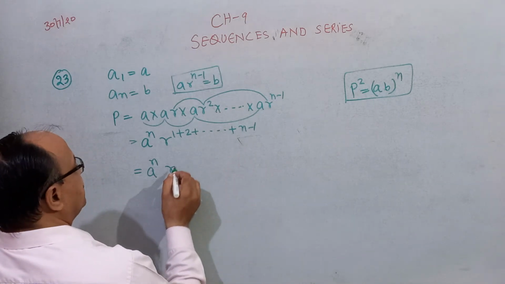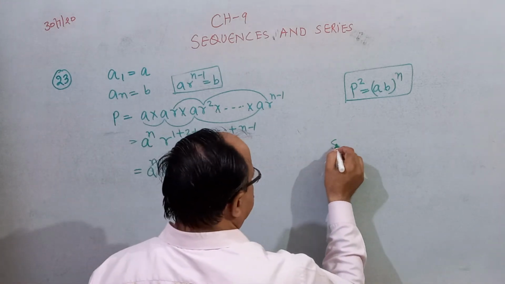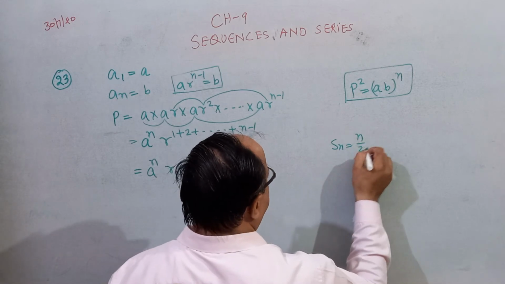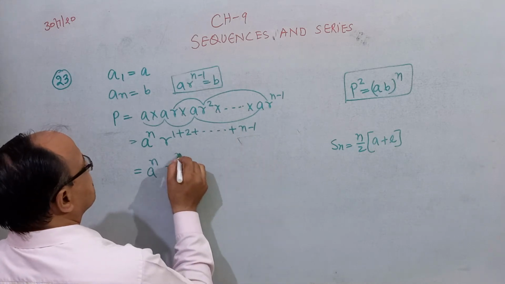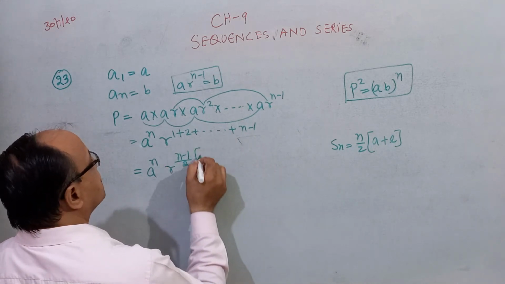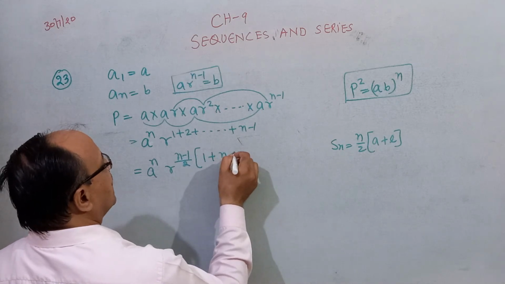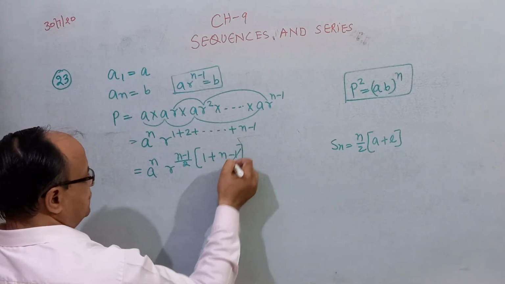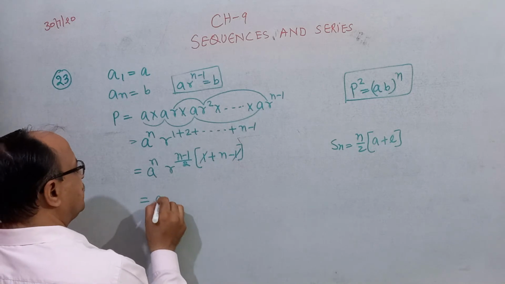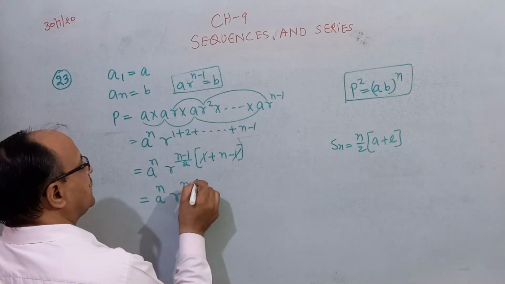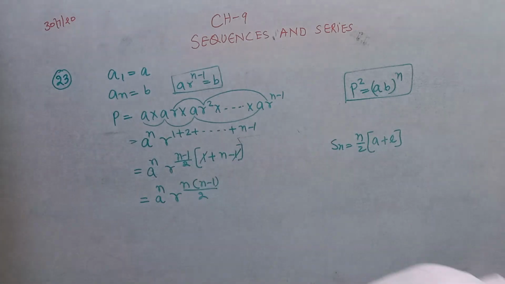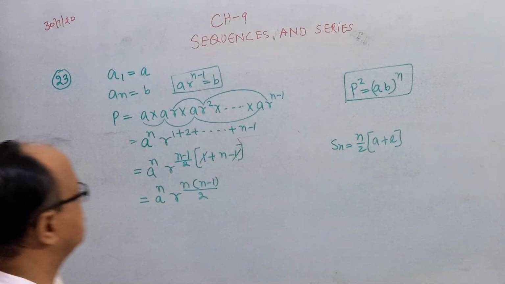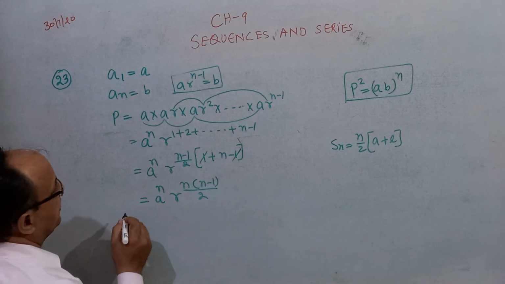This is an AP. Apply the AP formula, Sn equals n by 2 times (A plus L). Here the number of terms is n minus 1, so n minus 1 by 2, the first term is 1 and the last term is n minus 1. The 1 and 1 cancel. Therefore P is A to the power n, R to the power n into (n minus 1) by 2. Correct? This is the value of P.